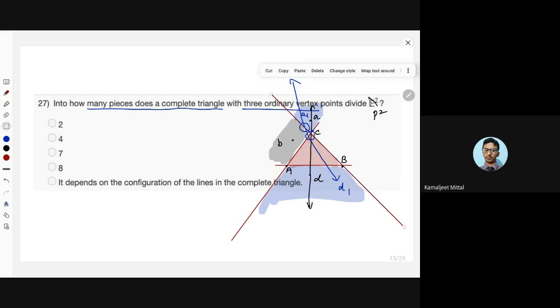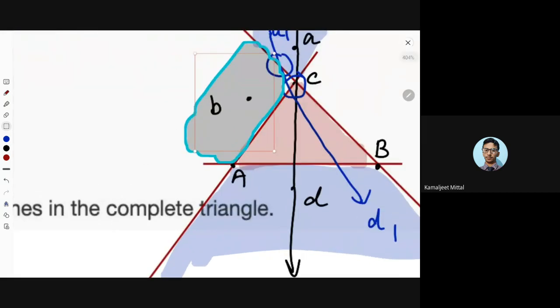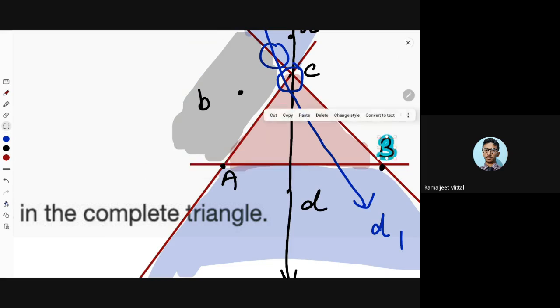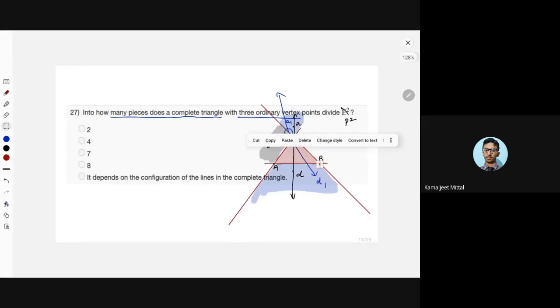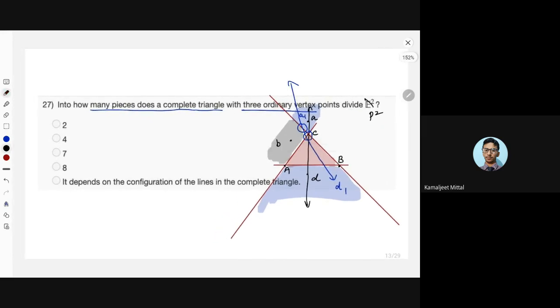Now I leave it for you to figure out, but I will give you the answer. Region B and this region will be the same.